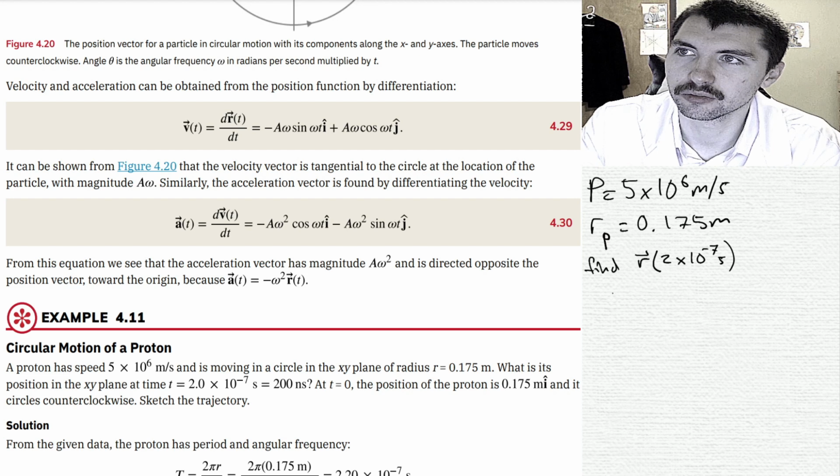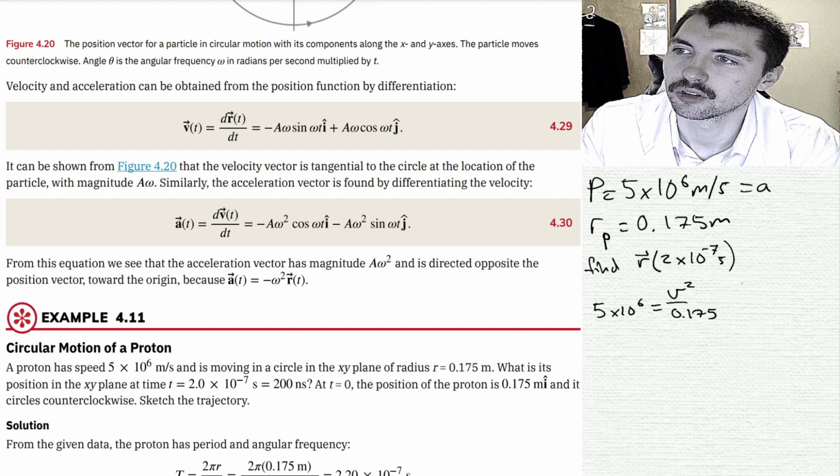Okay, so we know, so this is A. So we know it's 5 times 10 to the 6, v squared over 0.175, which is approximately 1.75 times 10 to the -1.